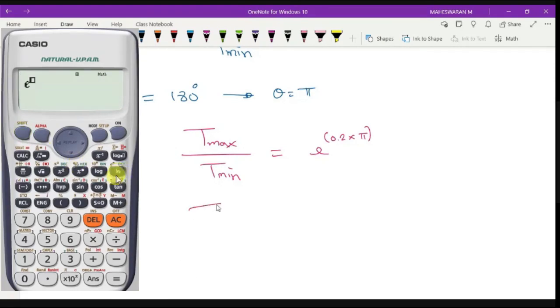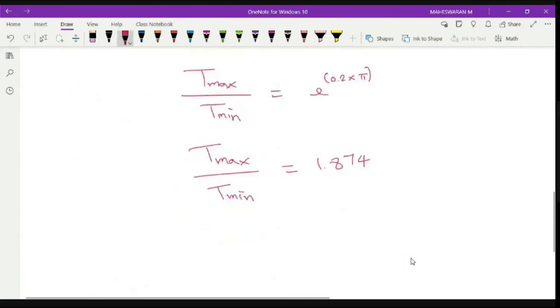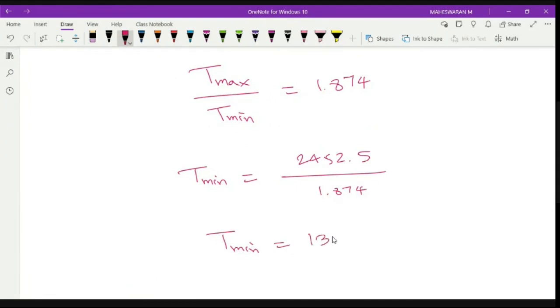What I am getting is T max by T min is equal to 1.874. Are you getting this value? e power 0.2 into pi, substitute it and you will get this. Now you know T max is 2452.5, so T min will be equal to 2452.5 divided by 1.874, which is 1308.6 Newton.